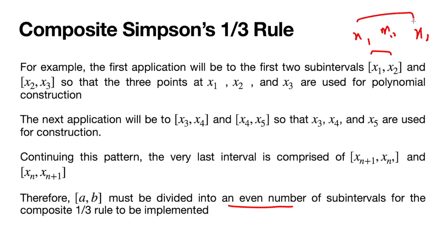It will draw the polynomial between these 3 points. It will do it for x1 and x2, then x2 and x3, then x3 and x4, and so on, and the last one will be xn and xn plus 1. So it has to be an even number so that the composite rule can be implemented.